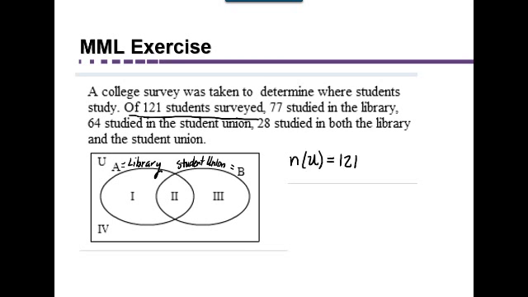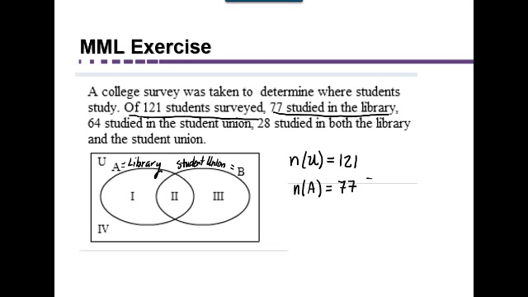That's everybody under consideration. Okay, now the next thing they tell us is that 77 studied in the library. So if A is the set of all students who studied in the library, which by the way includes both region 1 and region 2, then what they just told us is the cardinality of A is 77.